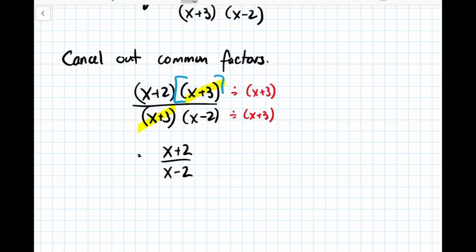So this and this are factors that are being multiplied by things, but once something's being added with something else, you can't cancel out part of that addition. You have to cancel out the entire thing together. So we'll see cases like that in a little bit, but for now, just keep an eye on it and know you can't cancel these and try not to mess it up.